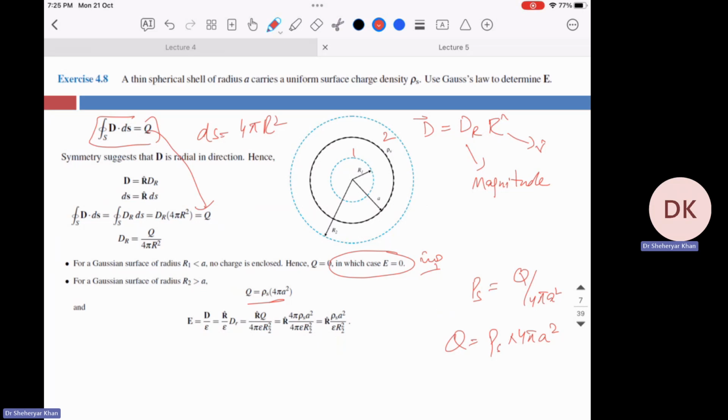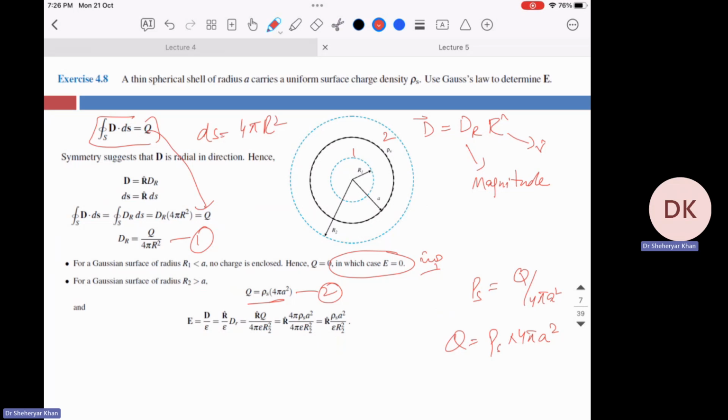Now, charge is known, and electric field is equal to the field displacement divided by the epsilon. So we know the direction r, the amplitude is d, d is known here. So equation number 1 here, equation number 2 here. Plug all the values here, and then at the end you will get the electric field. So this is the electric field of a charge density at the surface of the sphere.